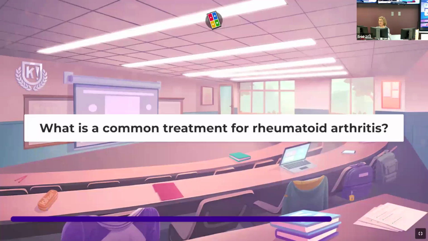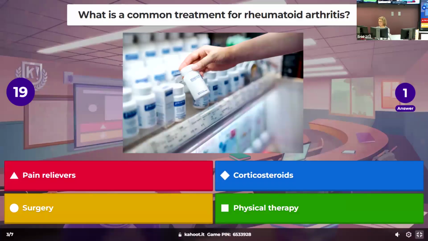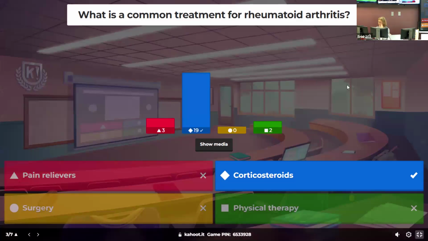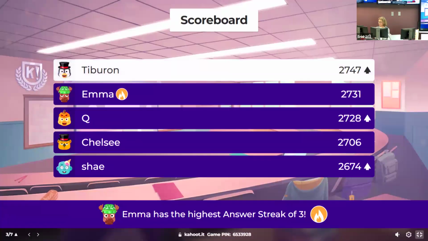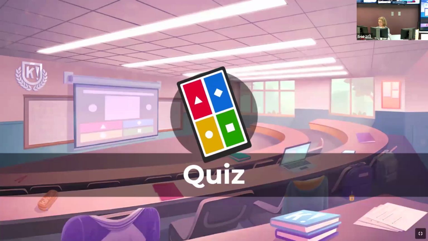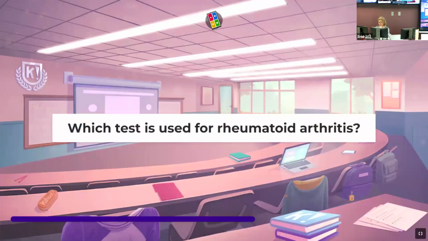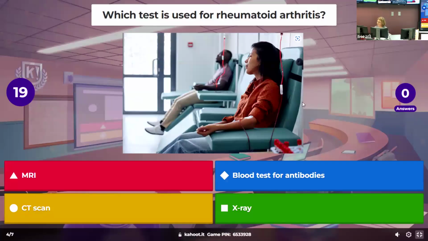What's a common treatment for RA? Yes, steroids. Which test is used for RA? Oh, this one's a good one. What's the free one?